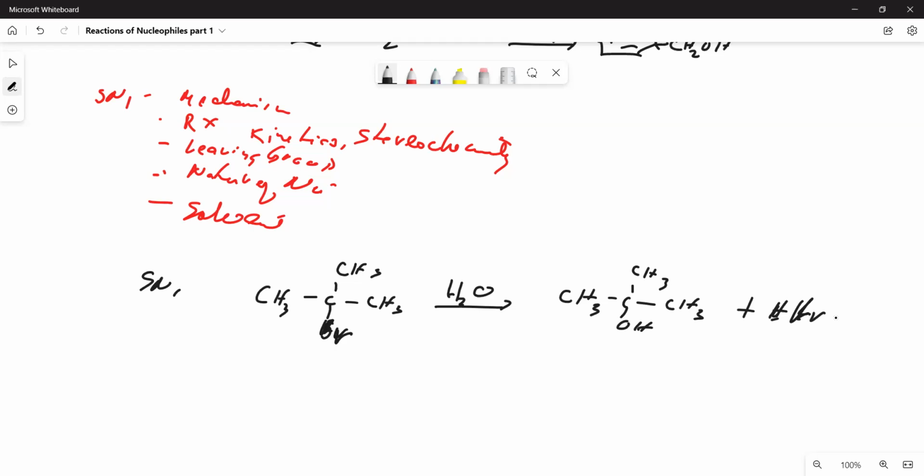The second one, I use the most crowded alkyl halide, which is not reactive in SN2 reaction. So let's see why the tertiary can undergo substitution via SN1, but not SN2. There should be a change in the mechanism. So what's the mechanism here?